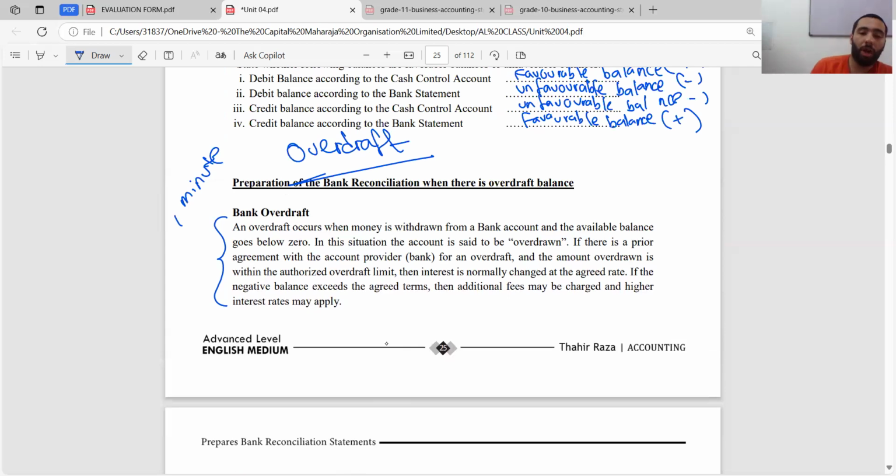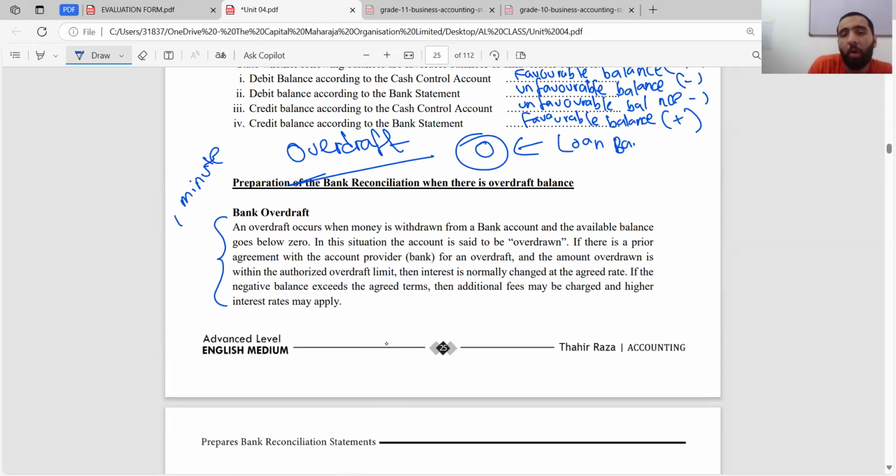Right, okay. So the overdraft balance is something like this. You have zero balance in your bank, and you ask a loan from the bank.